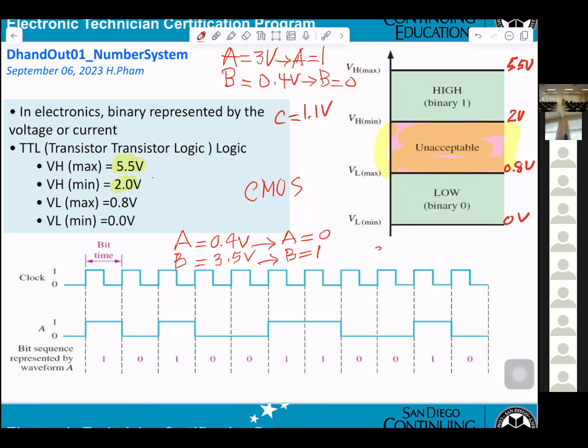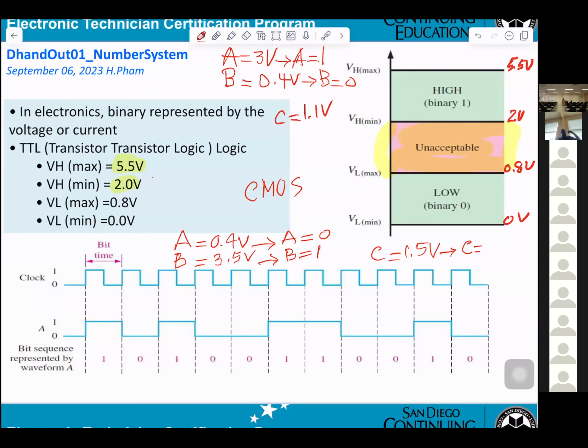If you get a C, 1.5 volt, what is C? Undefined. That means you have a problem. When you work on your circuitry, you have to use the DMM meter or oscilloscope to measure the signal.